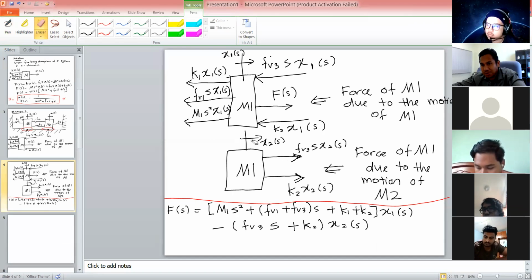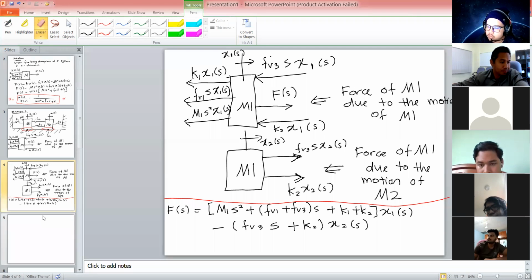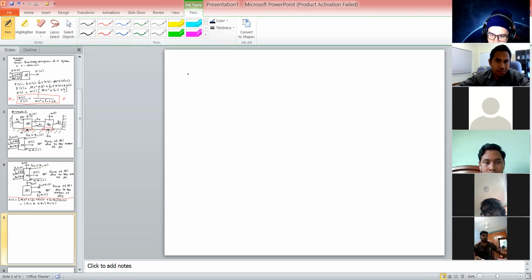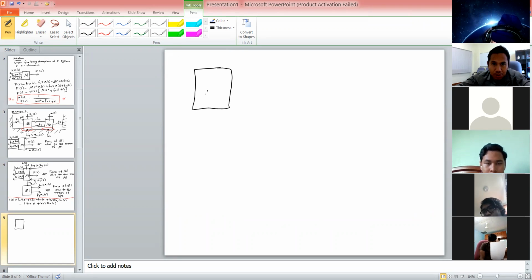At this time, you can copy everything. So, another diagram. This is M2, just now M1, right? This one is M2.